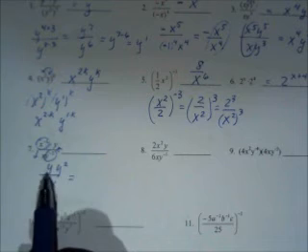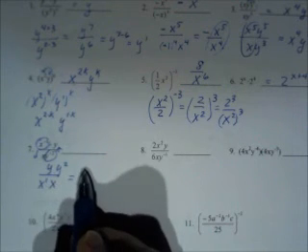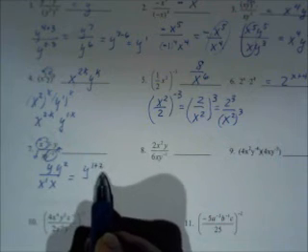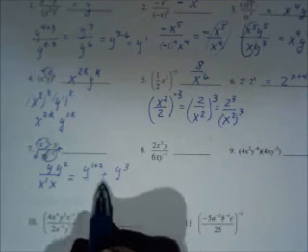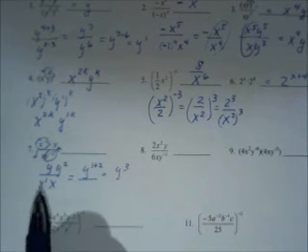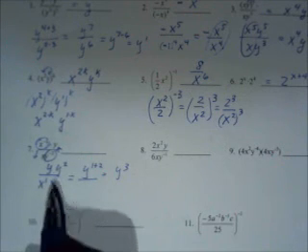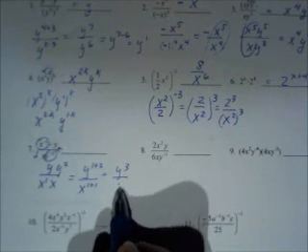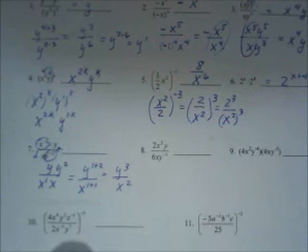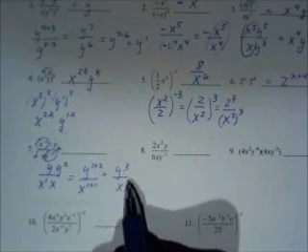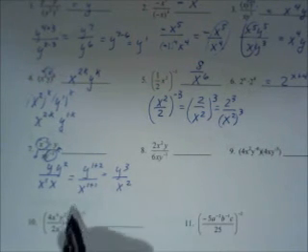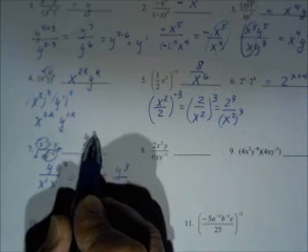So now I have y times y squared, which is simply, you add the exponents, y to the 1 plus 2, or y to the third, over x to the first times x to the first is x to the 1 plus 1, which is x squared. So we have y to the third over, excuse me, over x to the second.